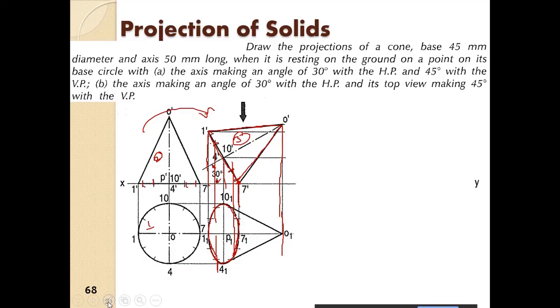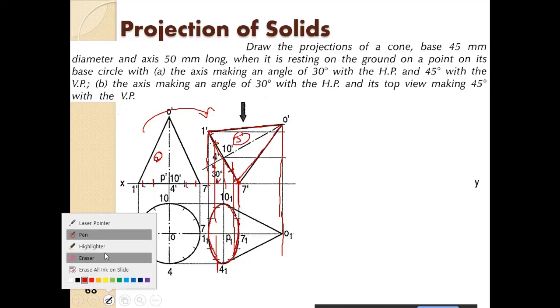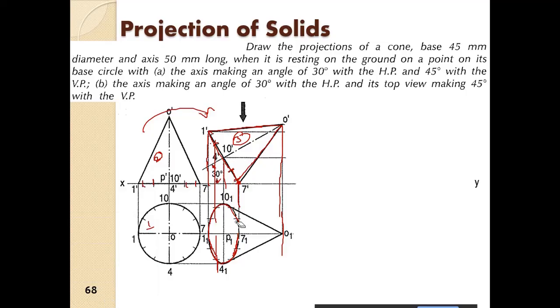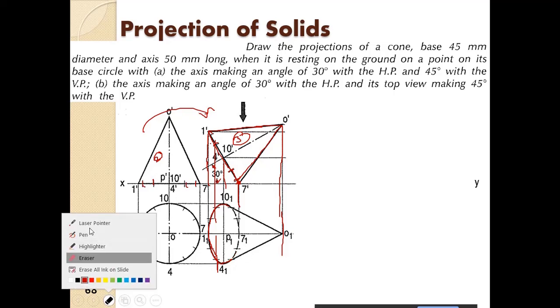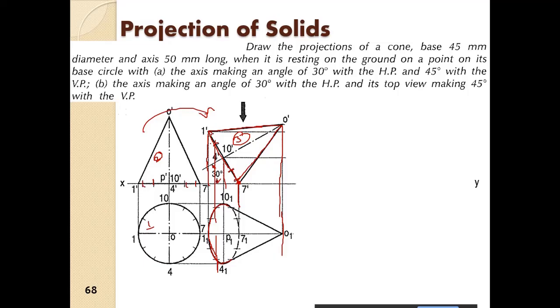Here you can see this is dotted. So that means when you see from the top, you will see this part of the cone here, but this bottom part will be hidden.